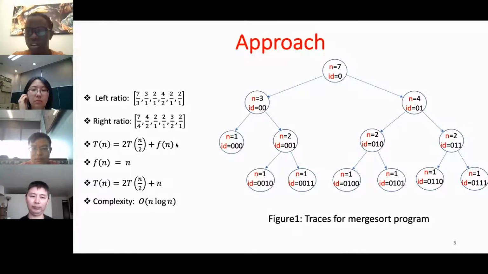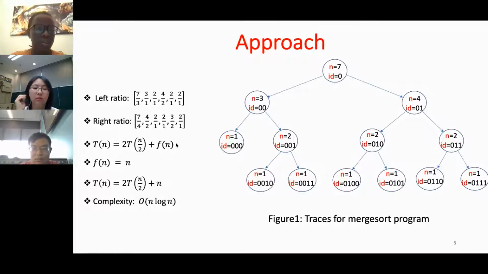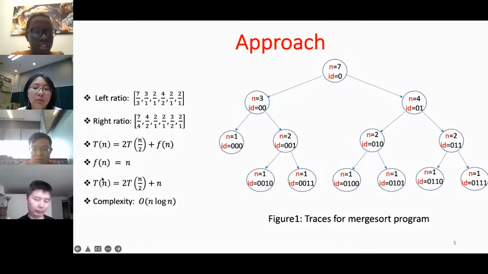I will show a link to the original research paper for those heuristics, but we don't have enough time to explain those right now. After we compute that relationship, we have a complete recurrence relation, which can then be solved using the master theorem to find out the complexity of merge sort is n log n.